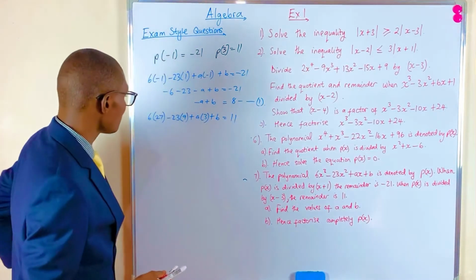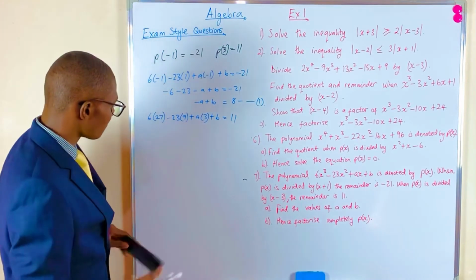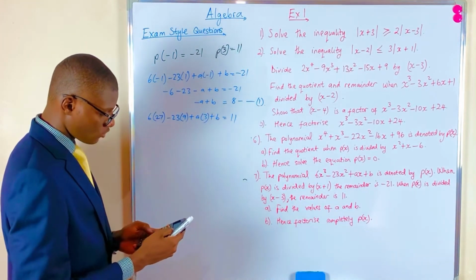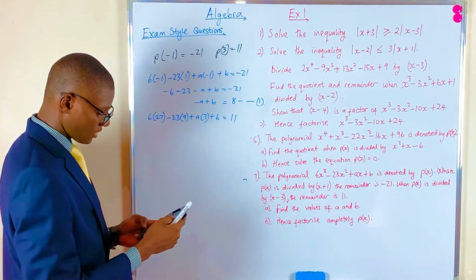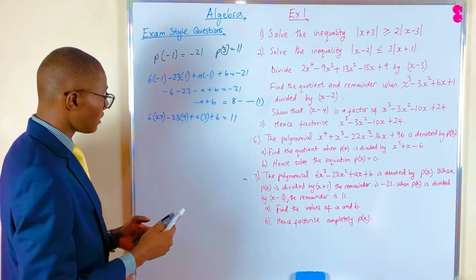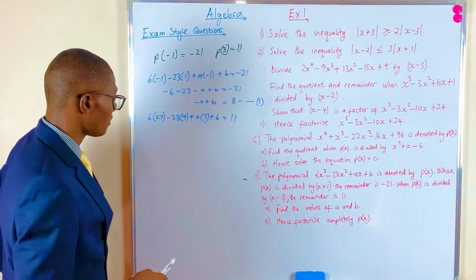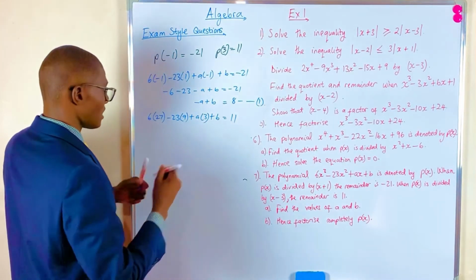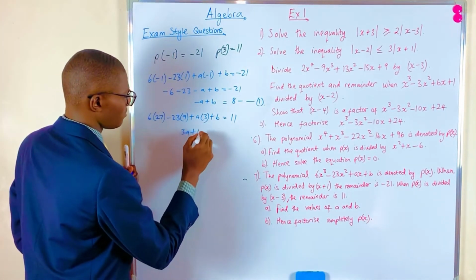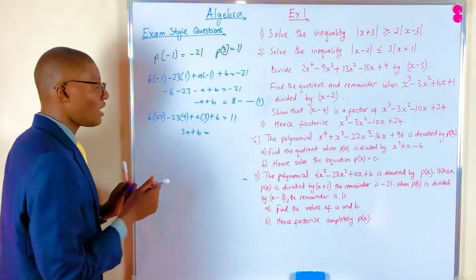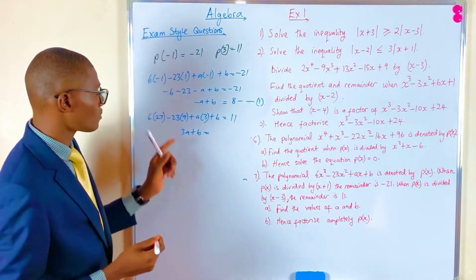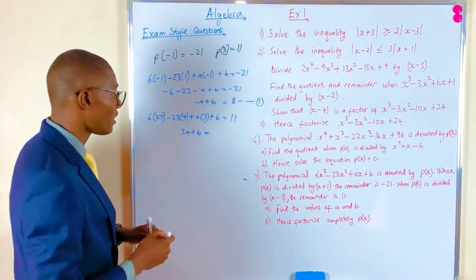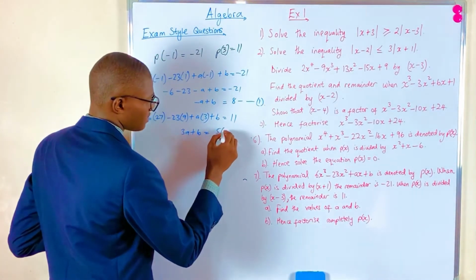Right, so 6 times 27 minus 23 times 9, that will give us minus 45. So we're saying 3a plus b is equal to 11. 11 plus 45 gives us 56.